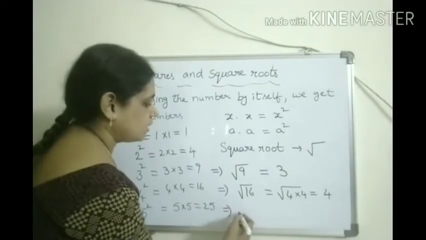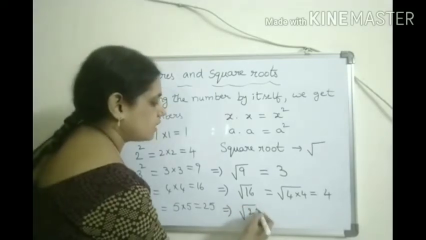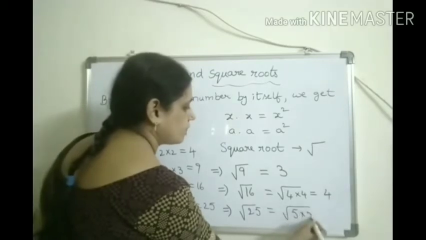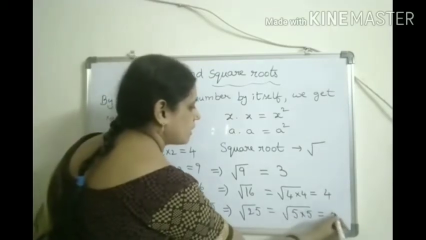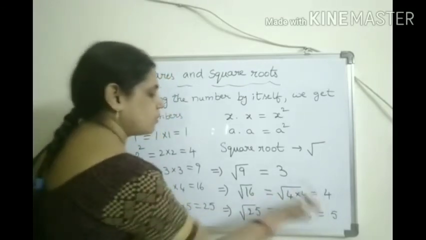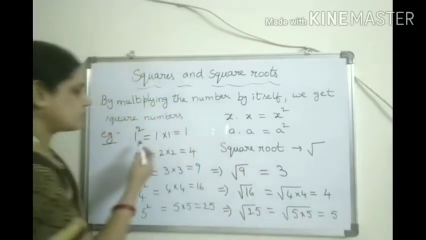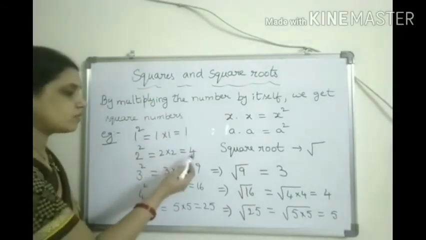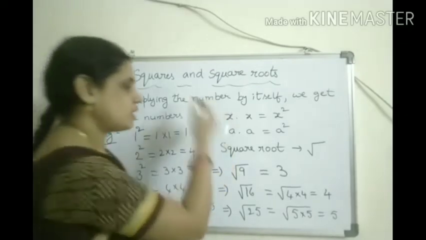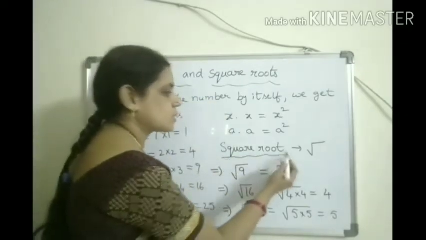Just like that, square root of 25 equal to square root of 5 into 5, that is 5. So square root of 25 is 5, square root of 16 is 4, square root of 9 is 3, square root of 1 is 1, square root of 4 is 2. In this way the reverse operation of square is square root.